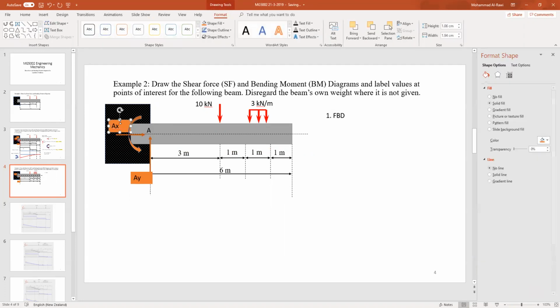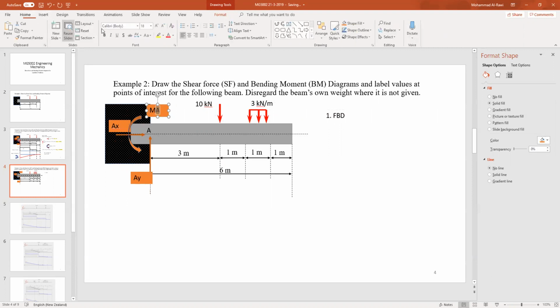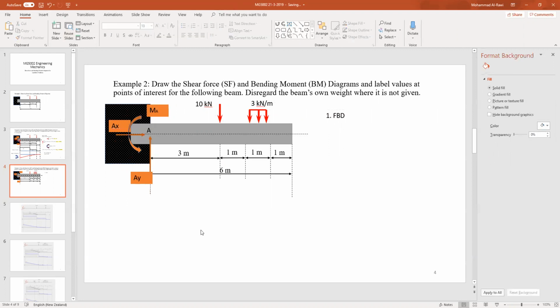We call it MA. Just minimize the size of the A here, so it doesn't look like a one. And I don't need to keep that area, because that's showing just the free body diagram.